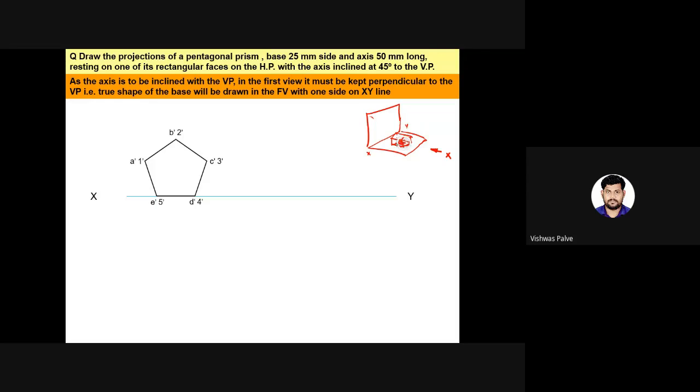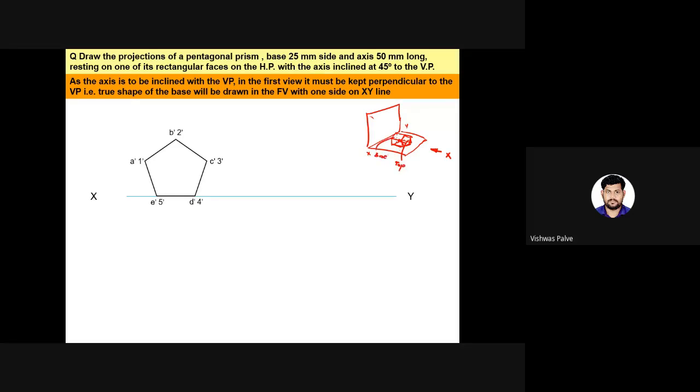When we observe it from the front, you will get a pentagon here. So the front view of that object will be a pentagon, and it is resting on one of its rectangular faces. It will have a top face, and behind it there will be a base.